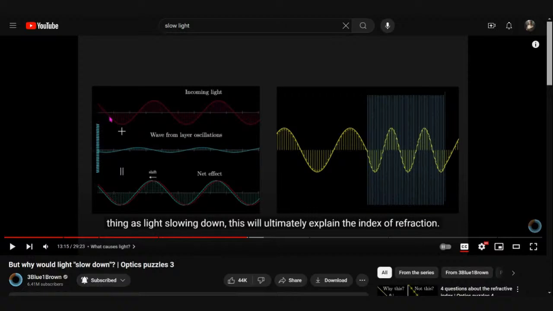So as this is going down, these guys are a little bit behind. So these guys are slowing down this wave, and forever will they slow down this wave, just a little bit. So the red is always in front of the blue. The blue is always a little bit behind.